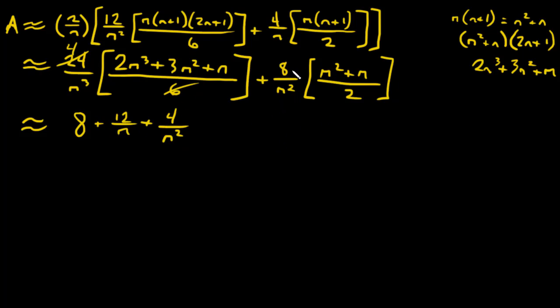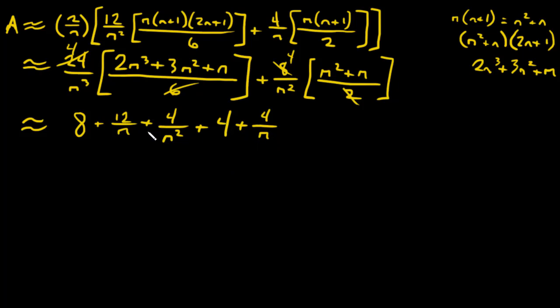Alrighty, so that's this part. Then over here, I can simplify it again. There's a 4. So I'm going to have 4 over n squared times n squared, so that's going to be 4. 4 over n squared times n is going to be plus 4 over n. Alrighty. So far, so good.